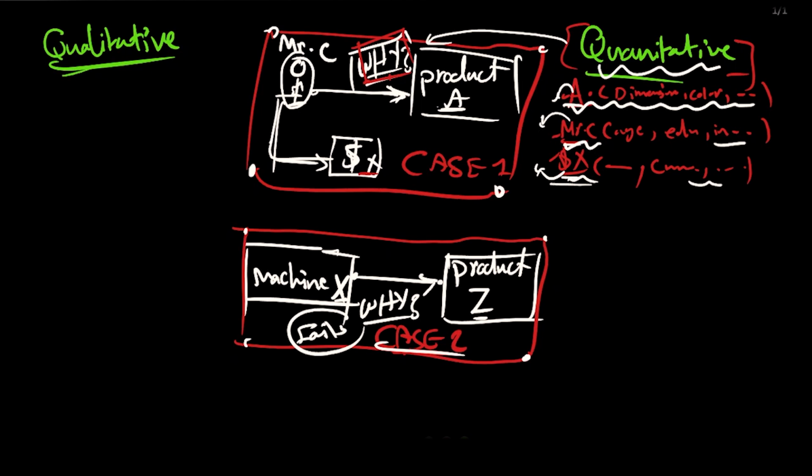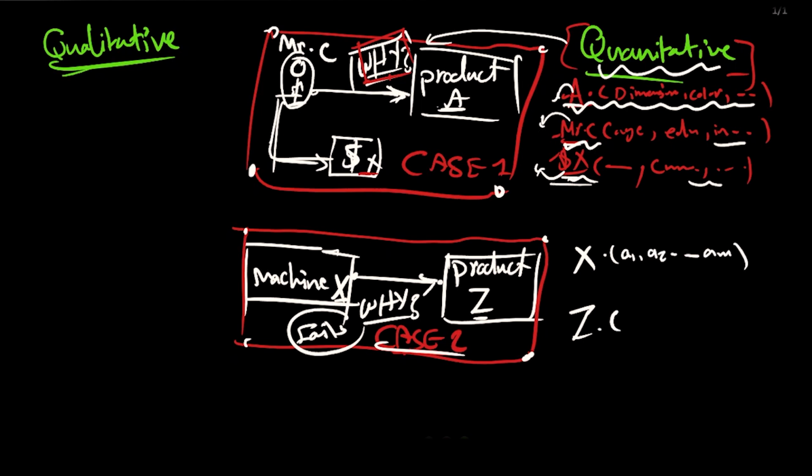Now let's go to case 2. Nothing quite different from what we have done. It's the same. I would have the machine X and I would have a product Z. I would again create some kind of attributes. I'm not going to choose any now, just for assumption A1, A2, and other attributes as you like.